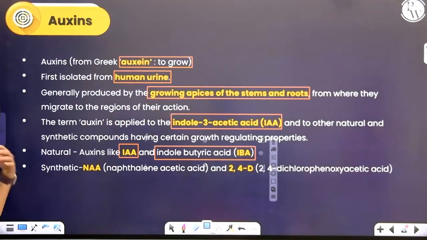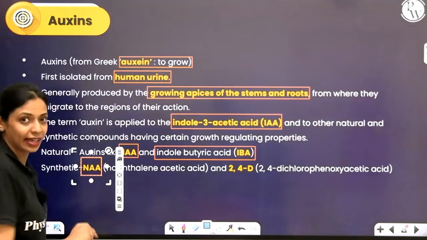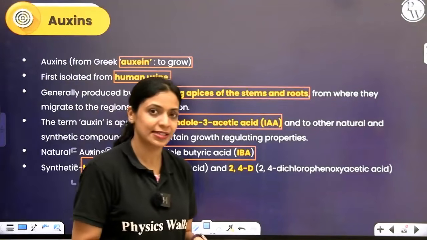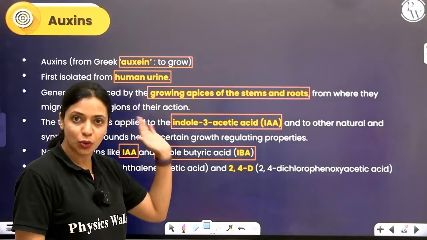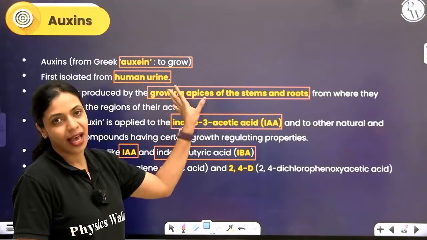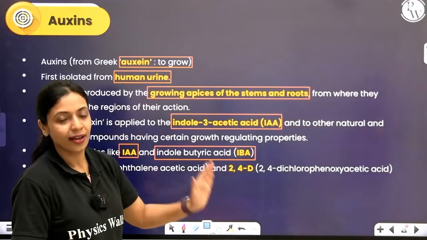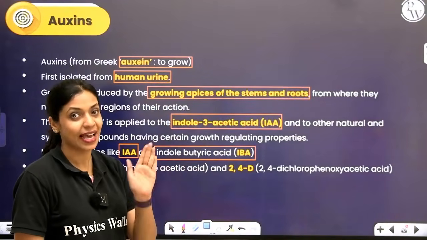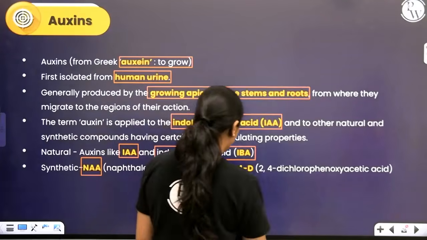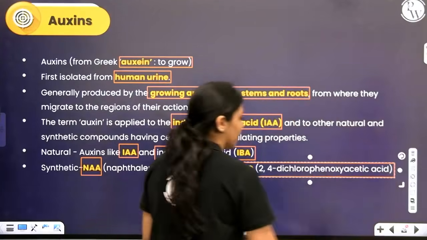But there are some synthetic auxins as well, like naphthalene acetic acid, which is not produced by the plant itself. It is chemically synthesized in the labs. And you have something called 2,4-D, which also shows activity similar to IAA. 2,4-D is for 2,4-dichlorophenoxyacetic acid.